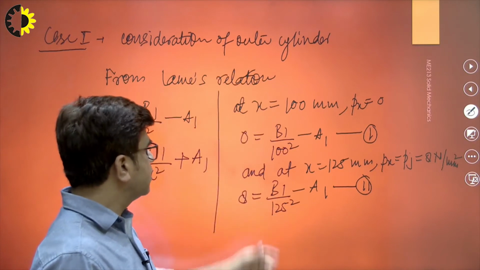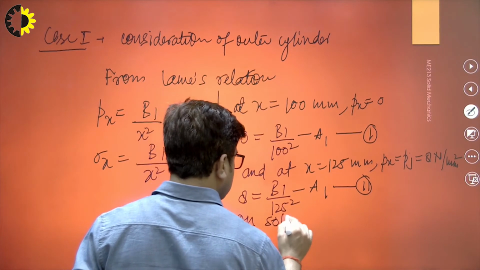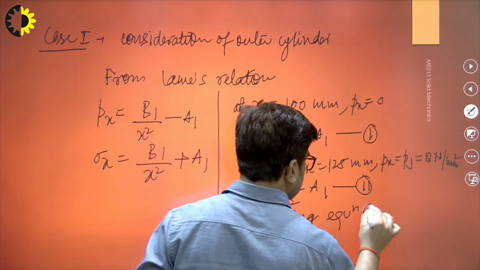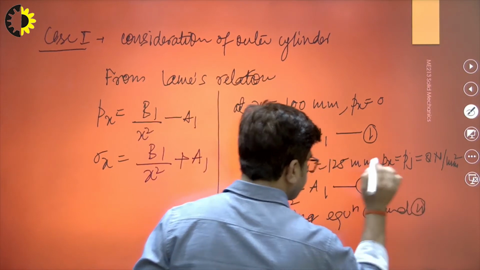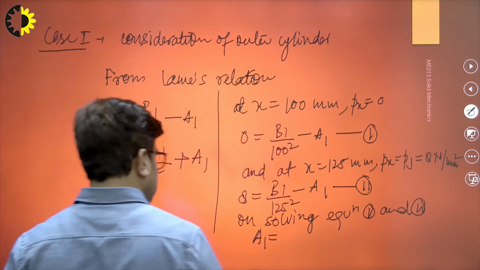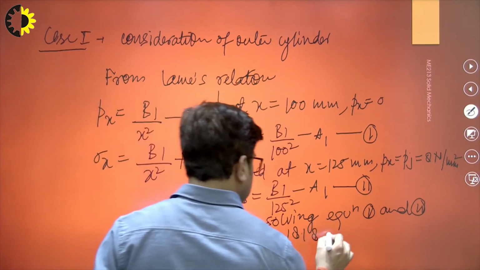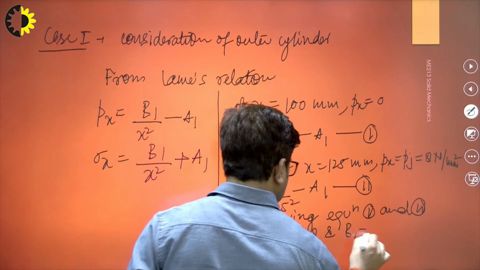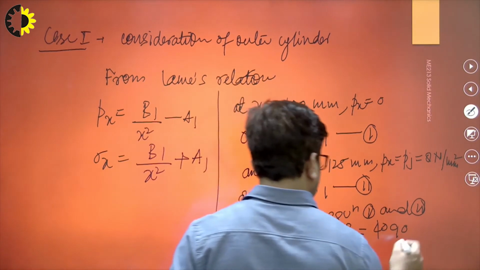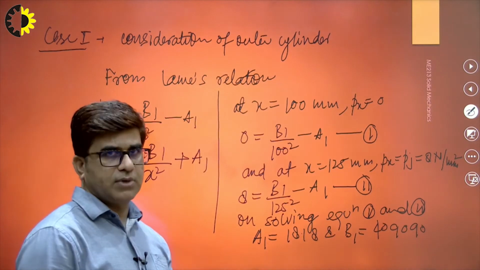So on solving equation 1 and 2, A1 equal to, this can be calculated, is 18.18 and B1 equal to 409090, the value of A1 and B1.